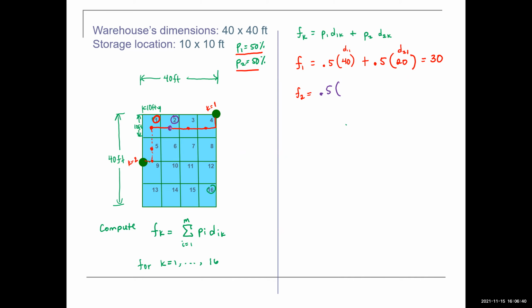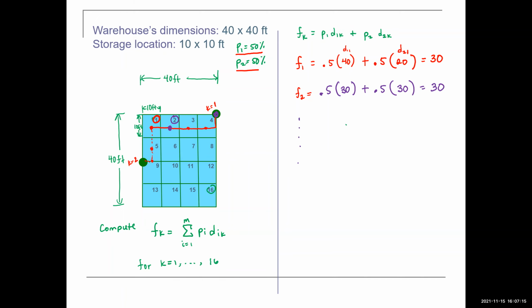So we go from here to here. That's 10, 20, 30 plus 0.5 times 10, 20, 30. So that's also 30. And we can continue this process.